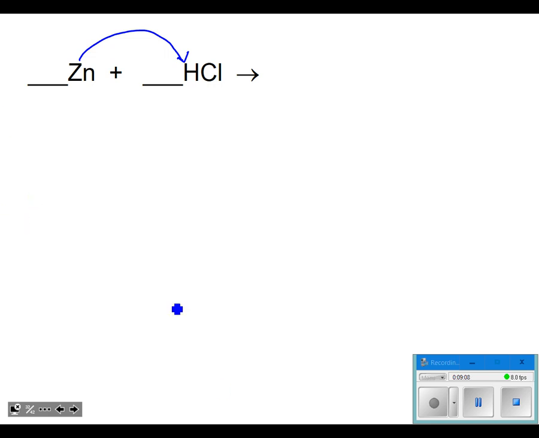When it bumps hydrogen out, it will make zinc chloride and hydrogen gas. The way we got this was that zinc is a positive 2 charge. We know that from our periodic table because zinc is always a positive 2 charge.